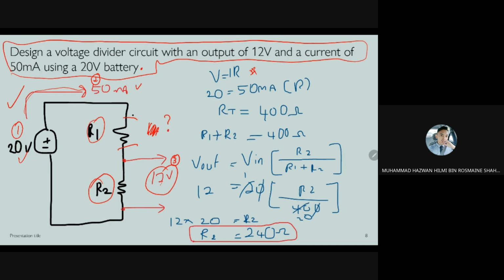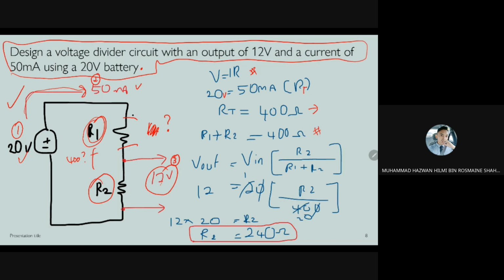So V equals IR, V is 12 volt, I is 50 milliampere, and you don't know the resistance, so the resistance total is R1 plus R2. So R total is equal to 400 ohms. So R1 plus R2 is already 400 ohm. But what is R1? What is R2? How do you know?